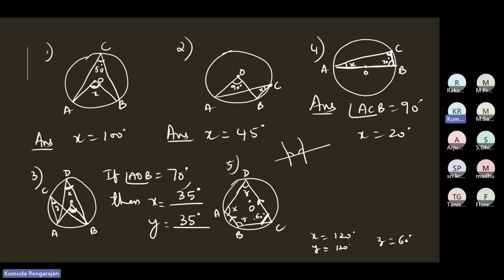So if this is 60, x plus y is equal to 180. Co-interior angles are supplementary, so 60 plus y is equal to 180. So y is 120. If y is 120, z will be 60 because again opposite angles are supplementary. 120 plus 60 is 180. So z is 60.